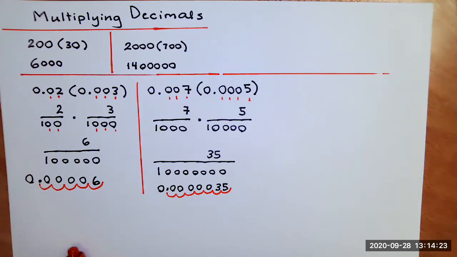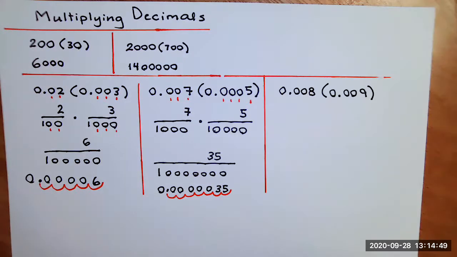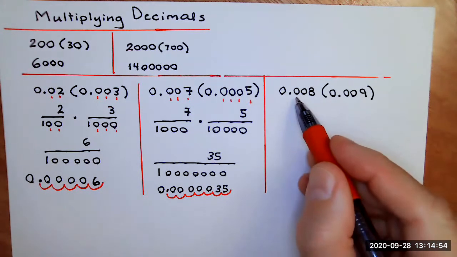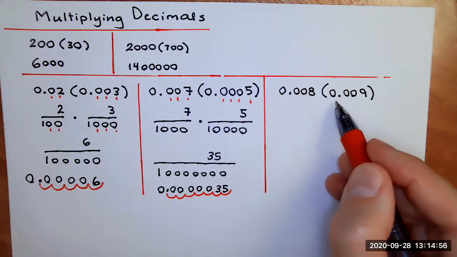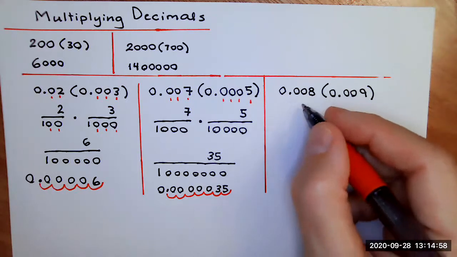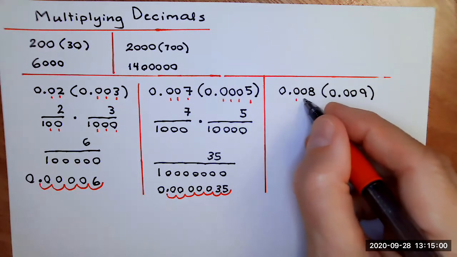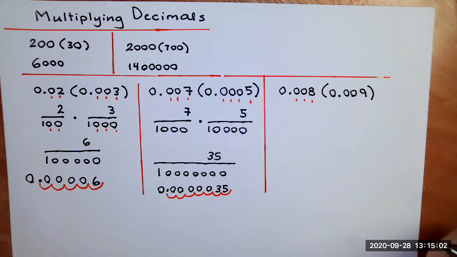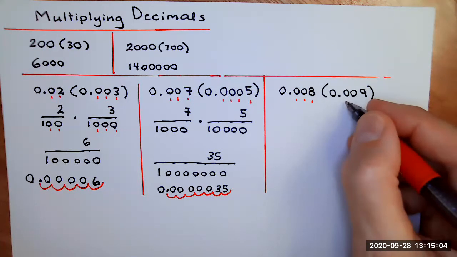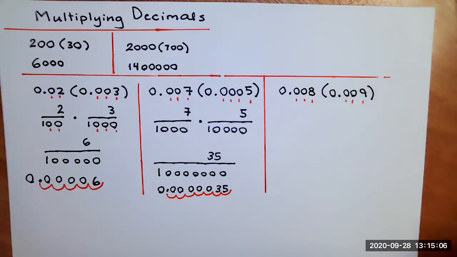So let's see if we can do another example. So if we multiply 0.008 by 0.009, this one has 1, 2, 3 digits behind the decimal point, and this one has 1, 2, 3 digits behind the decimal point.